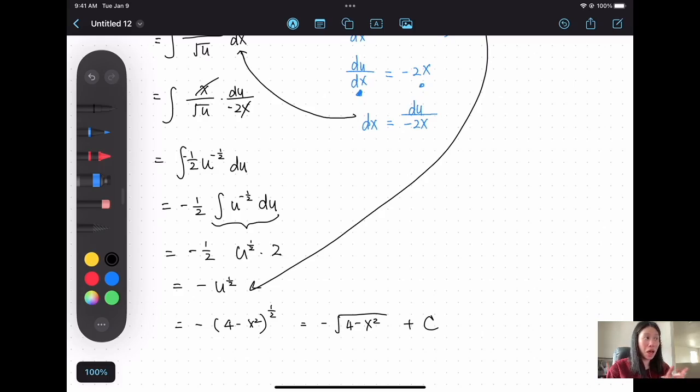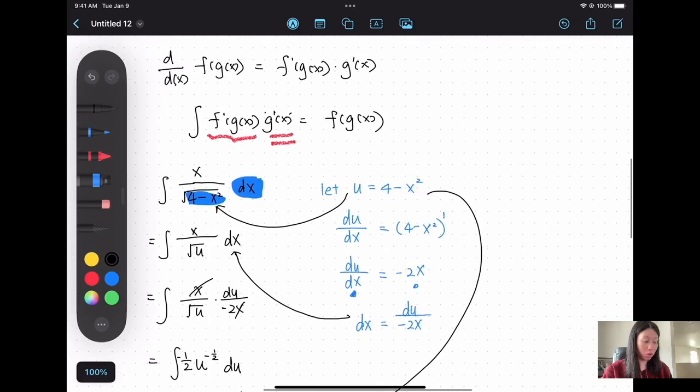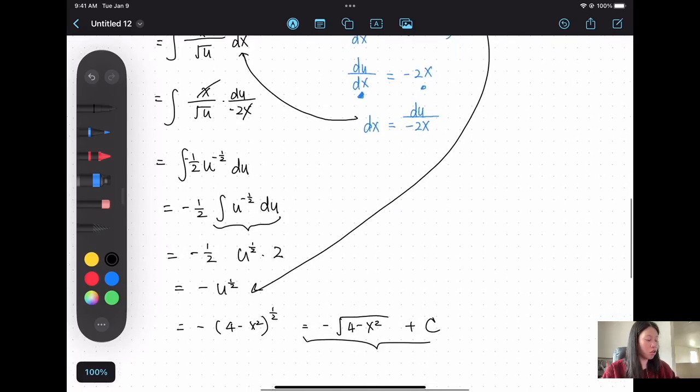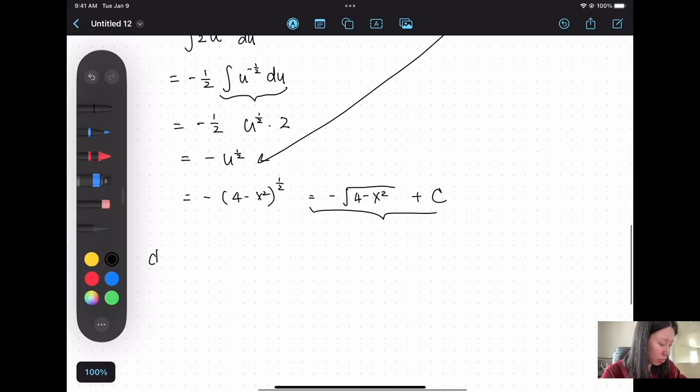So how would we check these? Well, we can differentiate this back, see if the derivative is equal to this function. So let's do the check-in. Now I want to differentiate negative (4 minus x squared) to the 1/2.